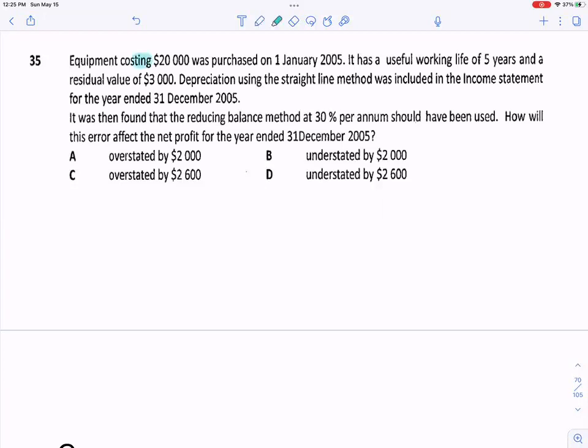Equipment was costing 20,000. It was purchased in 2005. Useful life 5 years, residual value 3,000. Depreciation was straight line method. It was included in the income statement for 31st December 2005. That means only 1 year, right? Cost minus residual value upon estimated useful life.